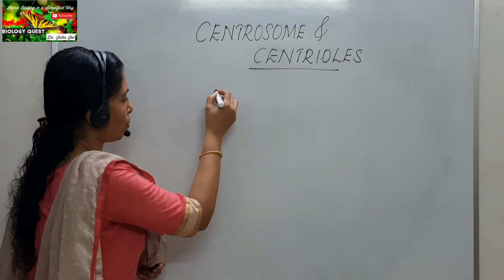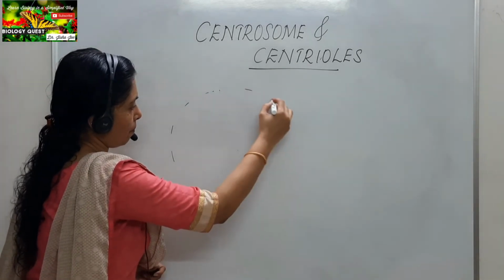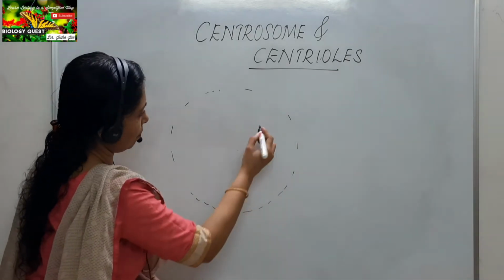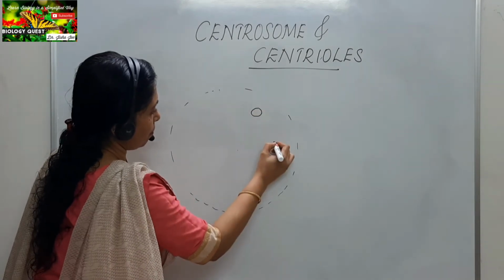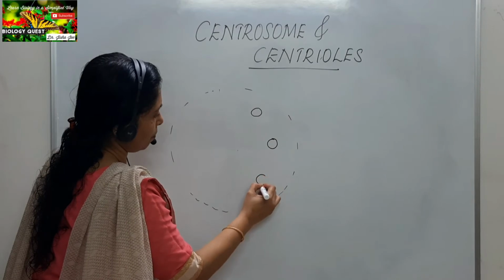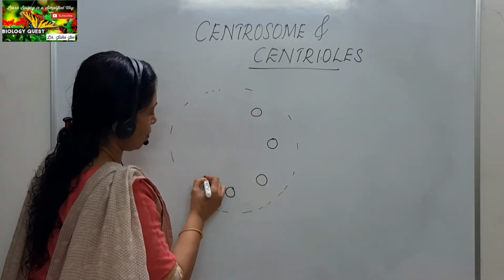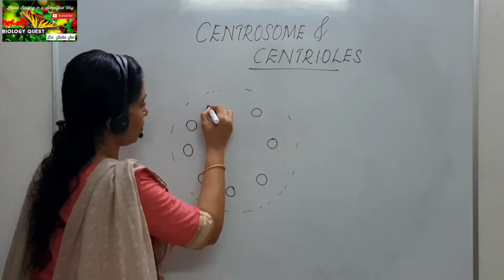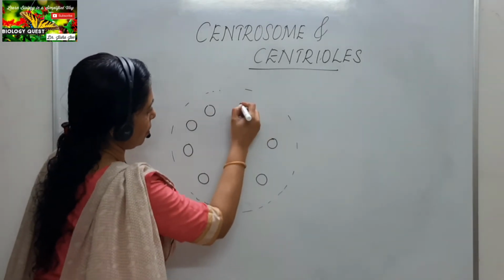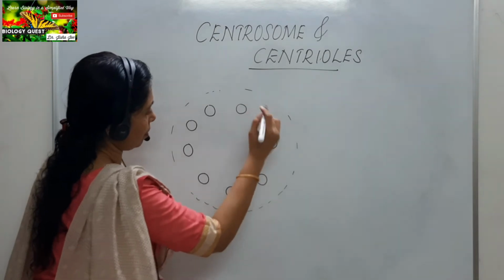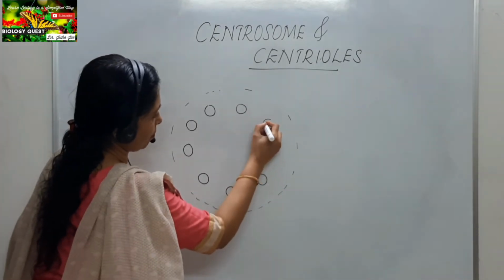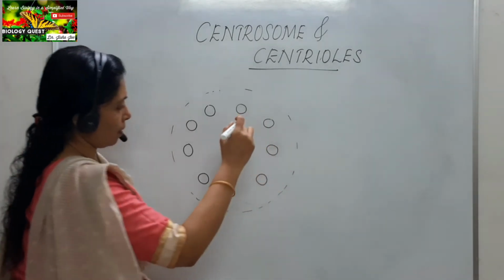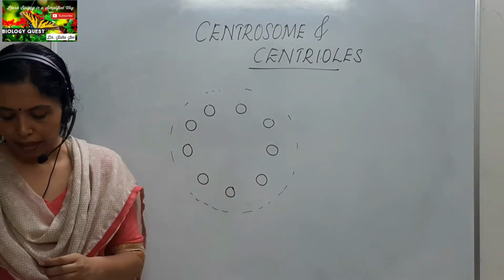I'm just drawing the 9 groups of microtubules here. So 1, 2, 3, 4, 5, 6, 7, 8, 9. 9 are there.